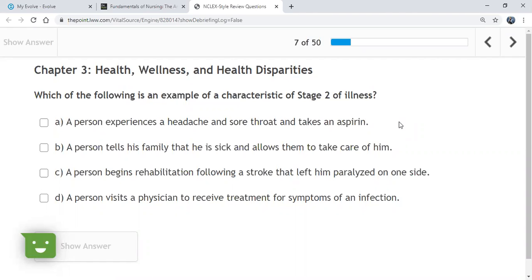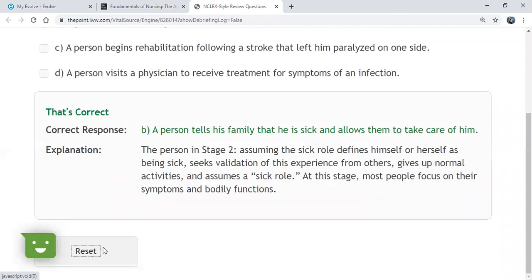And C is stage 4, because now you have a chronic illness and you've already seen the doctor and got a treatment plan. He treated those short-term problems, and now you're going to go through therapy and rehab to address the long-term consequences of that problem. All right, so 2 should be B. Okay, you're assuming the sick role.